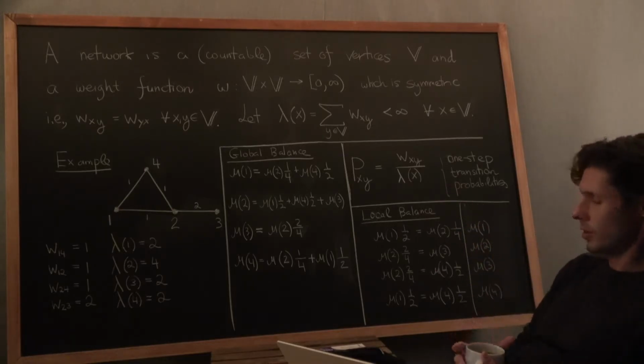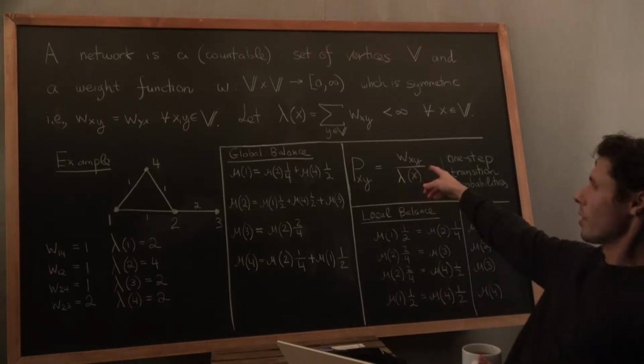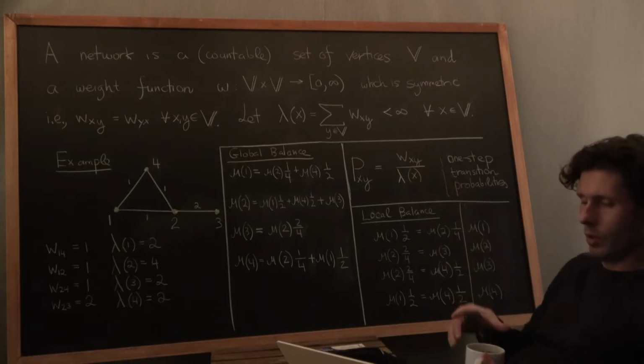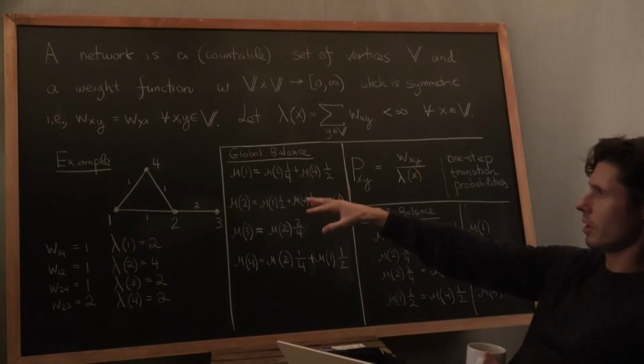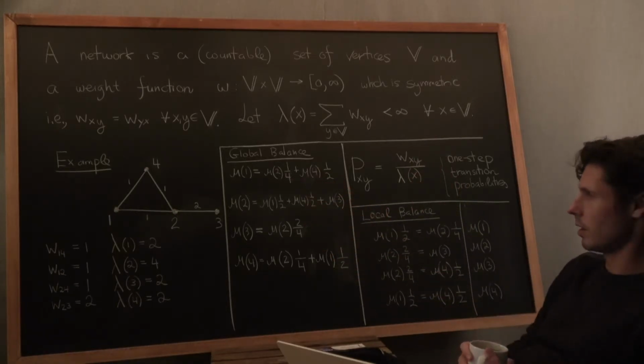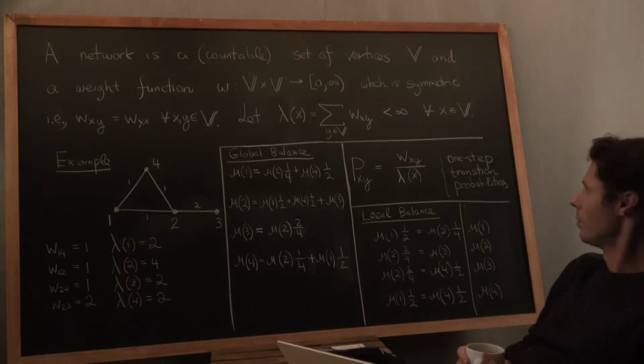So let's start at vertex 3. I'm going to start my random walk on vertex 3, and I'm going to ask, where's it going to go? It's not going to go to 1 or 4 because W(3,4) and W(3,1) are 0, because those edges are not drawn in, which implies that those weights are 0. The only vertex it could possibly go to is 2.